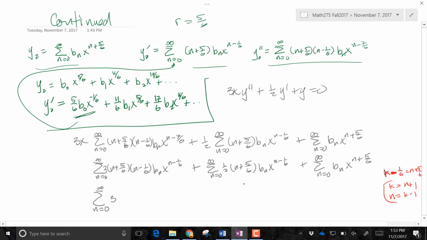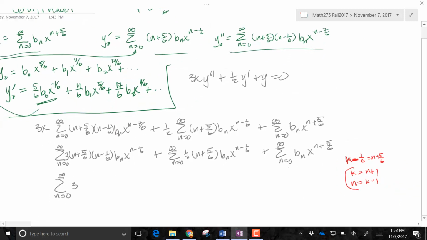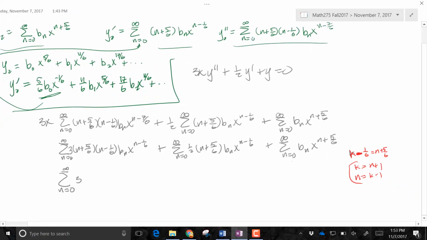So we're not shifting these two series. We're only going to be shifting this one. Yeah, so this is the only thing that we're going to shift. Let's see what happens to the shift.